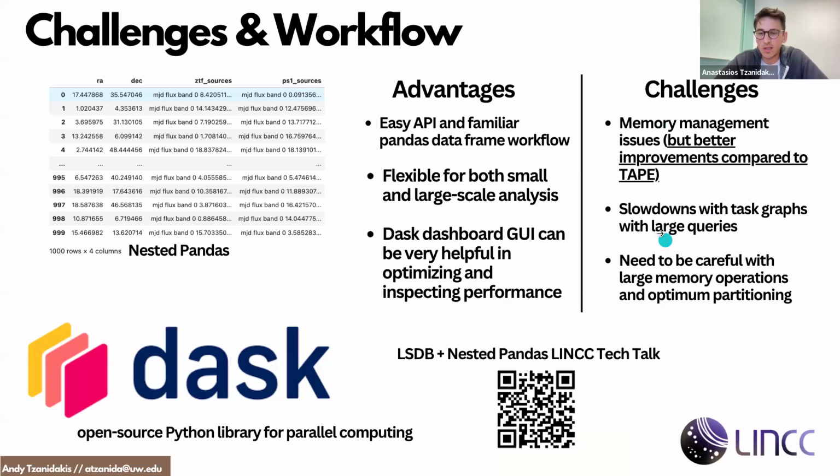Other things that I experienced were slowdowns with large task graphs for really large queries, for example. So there could be a really large overhead of a query where you won't even run your computation until Dask has formed its task graph.